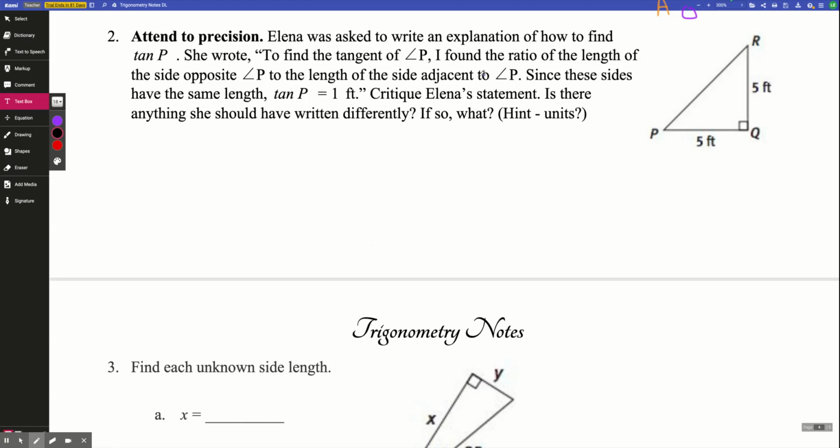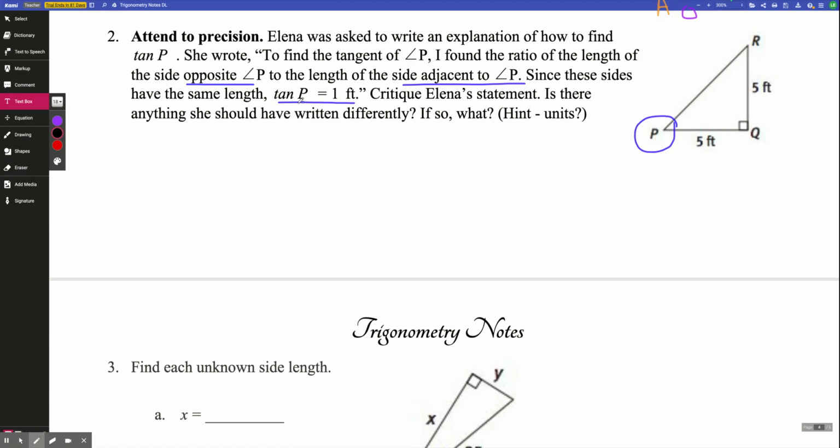It says, Elena was asked to write an explanation of how to find tangent of angle P. So in this image, I want to find tangent of angle P. She said, to find tangent of P, I found the ratio of the length of the opposite side to P and the length of the adjacent side. Since these sides have the same length, she said tangent of P equals 1 foot. So the question is, is there anything she should have written differently? If so, what? And I give you a hint about units.